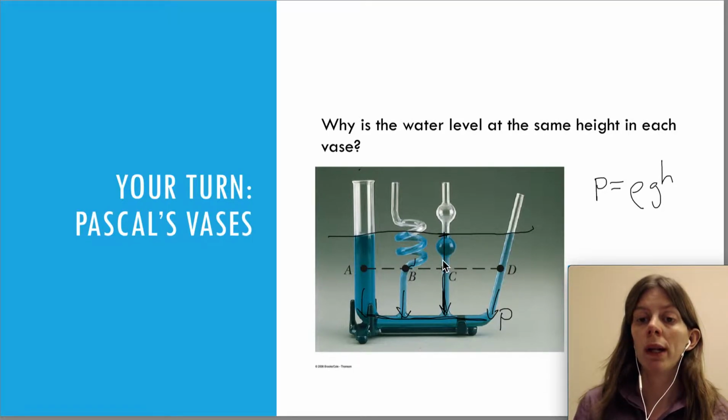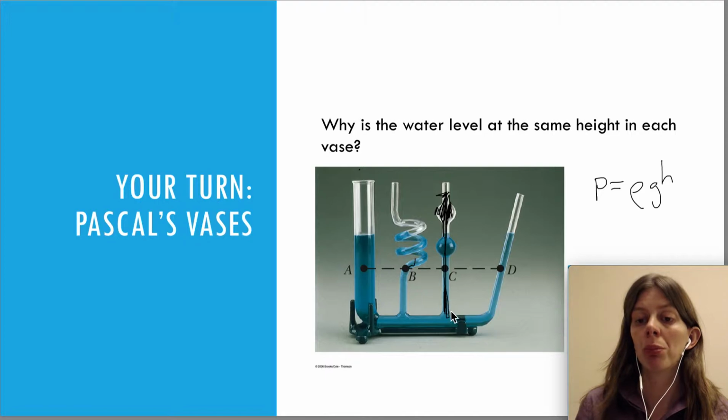If that doesn't make sense to you, another way that you can think of it is, well, what if the liquid in here was not the same height in each vase? What if this narrow one here, or let's say this one here, had a liquid up to this height? What would happen? Well, this greater height of liquid would mean that there's more weight here versus the other ones, more weight per area pressing down.